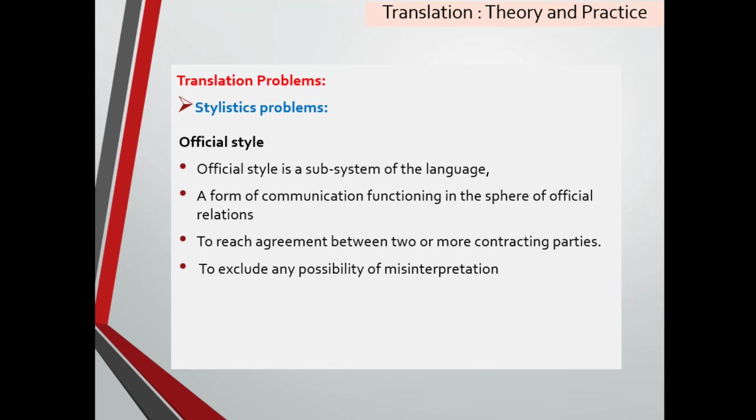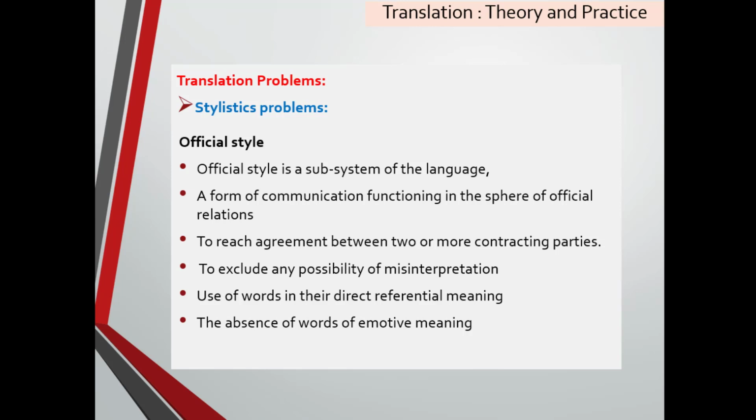So consequently, what will happen? The language used in this style will be characterized by the use of words in their direct referential meaning. So the words should have only that referential meaning, no emotive meanings.